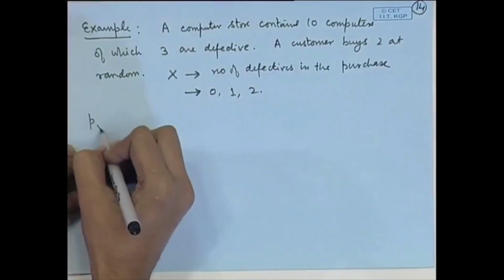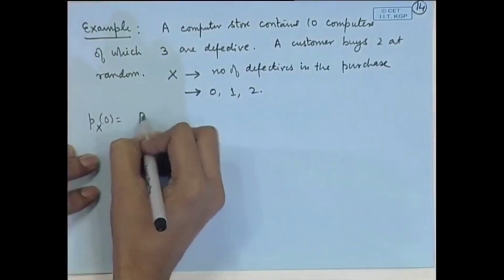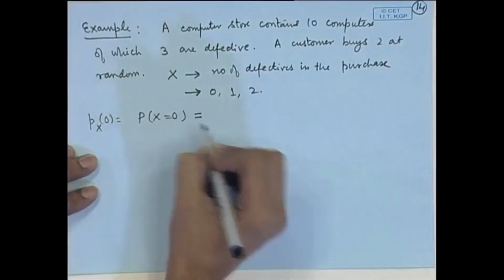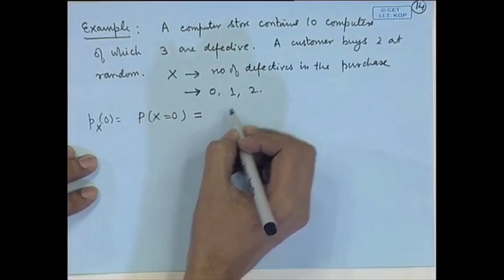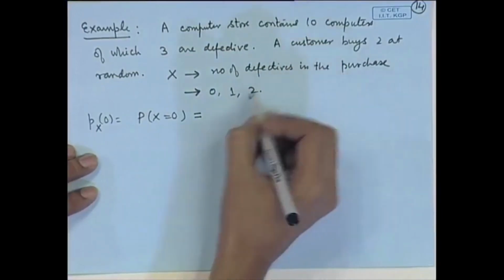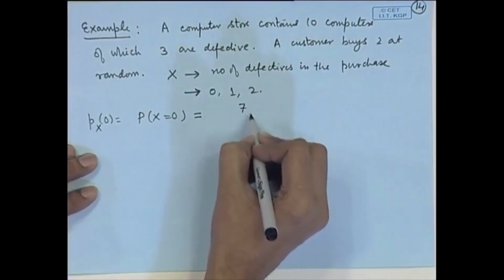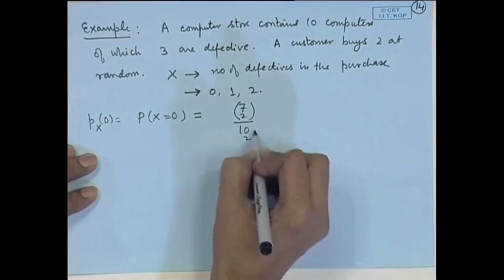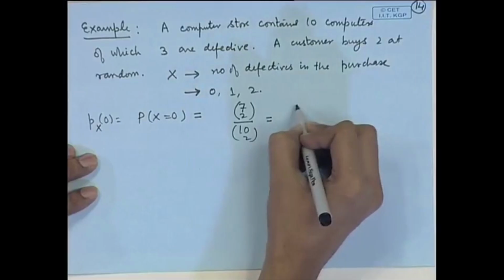So, what is p_X(0)? This event corresponds to choosing 2 out of 7 good ones, divided by 10C2.